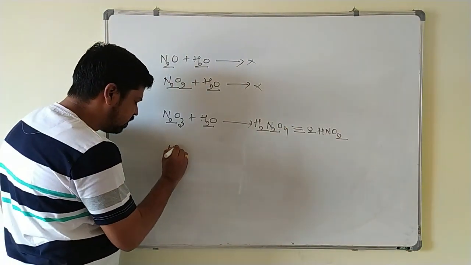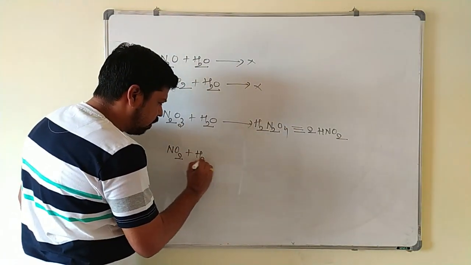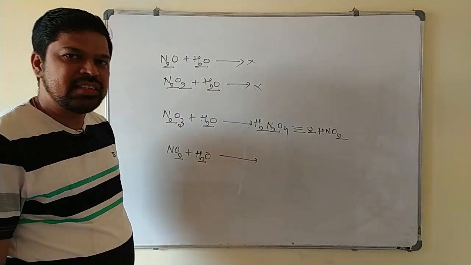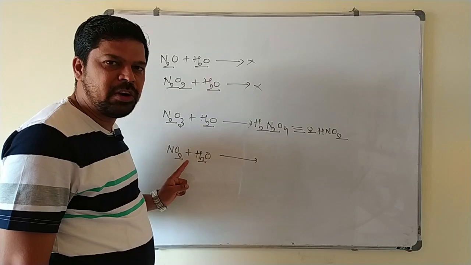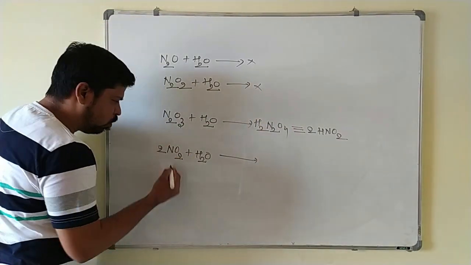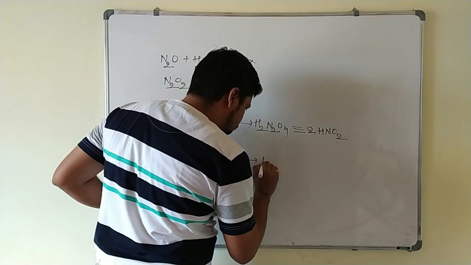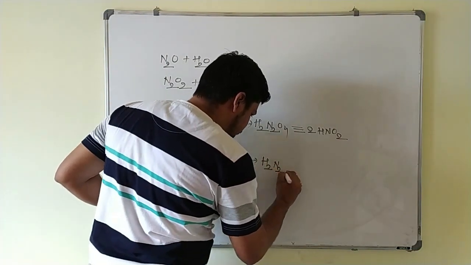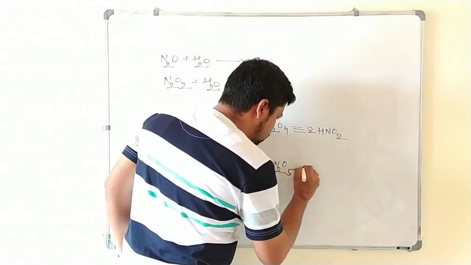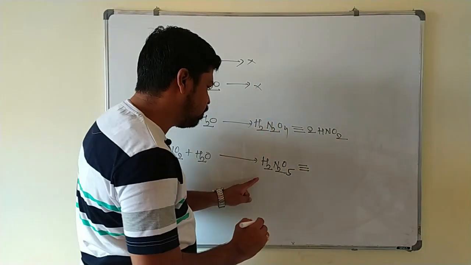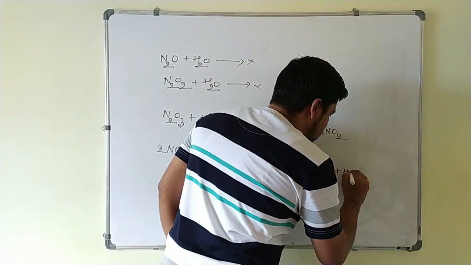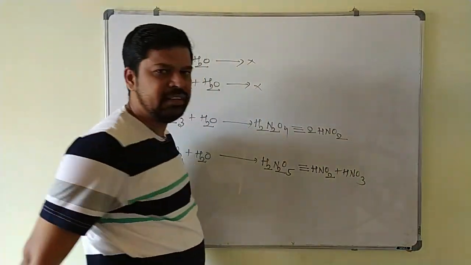Next is NO2. On dissolving in water, it gives two oxoacids, nitrous acid and nitric acid. Hence NO2 is called a mixed anhydride. Taking 2 times NO2, it gives H2N2O5, which can be written as HNO2 plus HNO3.